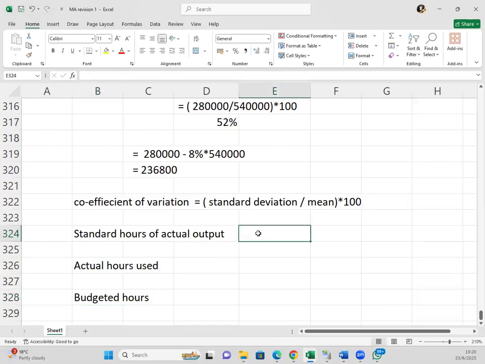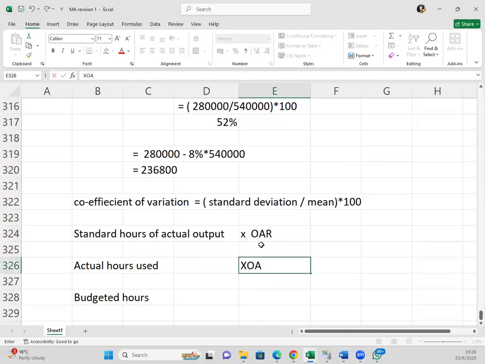All these, we are going to multiply them by the OAR.